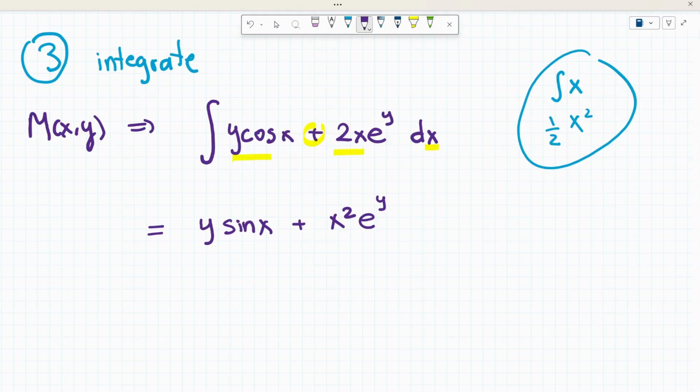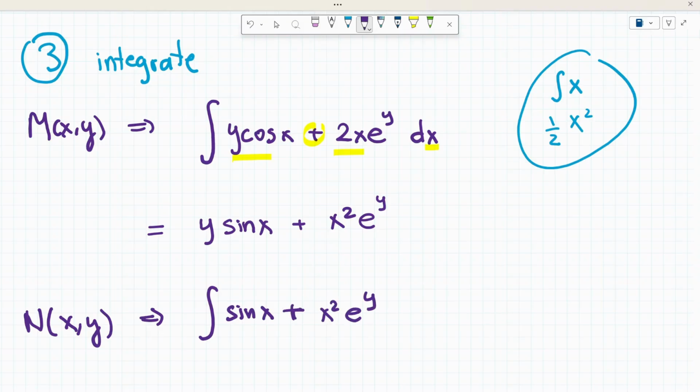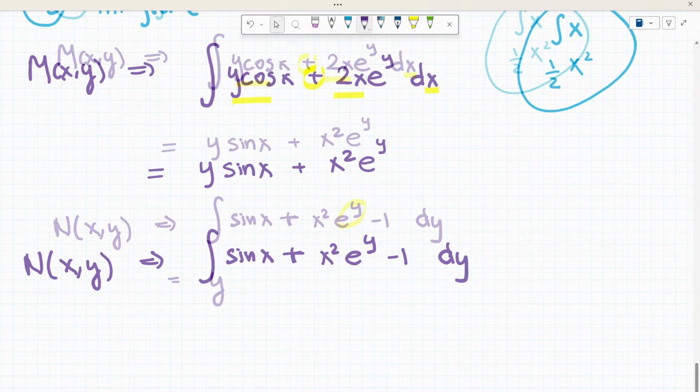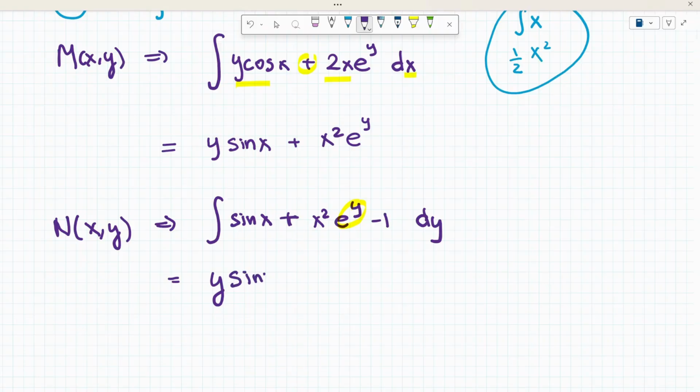And now let's do the same thing for our N function. So we have N of x, y. Take the integral of that. So here we have the integral of sine x plus x squared e to the y minus 1 dy. Here we're integrating with respect to y, so we have y sine x.